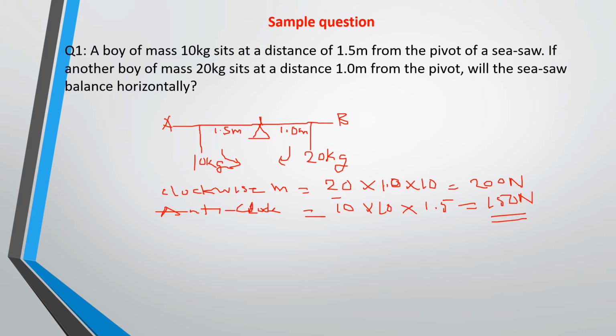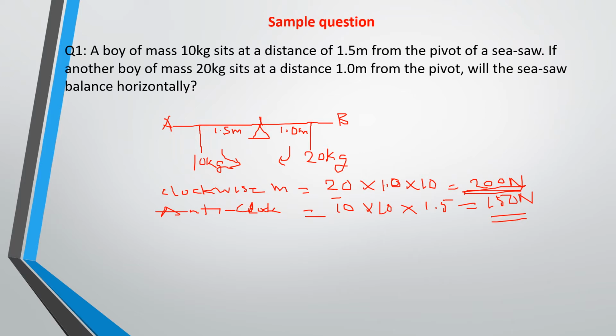Okay, so if you look at these two values, you find out that the seesaw will not balance at the distances that these boys sat. So from what we have got now, it means that the clockwise moment is greater than the anti-clockwise moment.